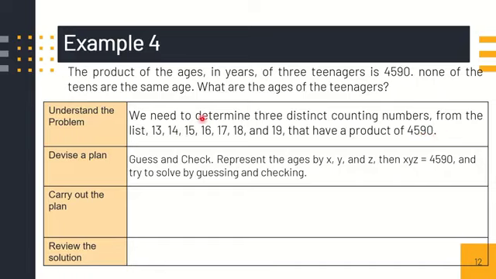The only number in our list that has 5 as a factor is 15. Thus, 15 is one of the numbers, and at least one of the numbers must be even. Meron tayong even number dito, 16 and 18.